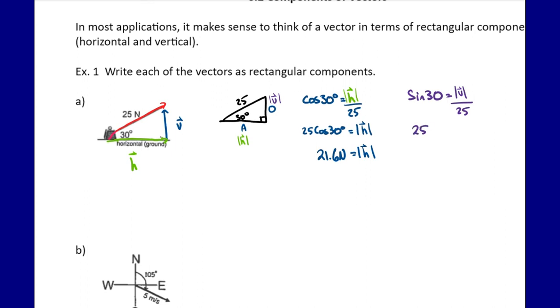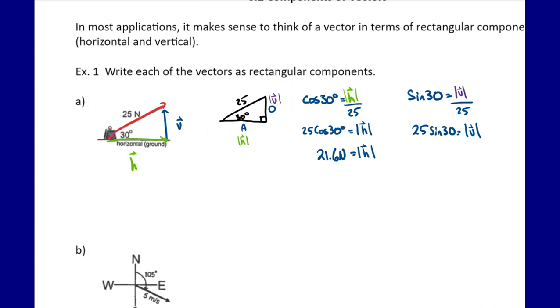Actually, I need to just identify this as something different. Let's do this. Sorry about that. I'm just trying to keep everything a little bit color coordinated just so we're consistent. So 25 sine 30 is equal to the vertical component.